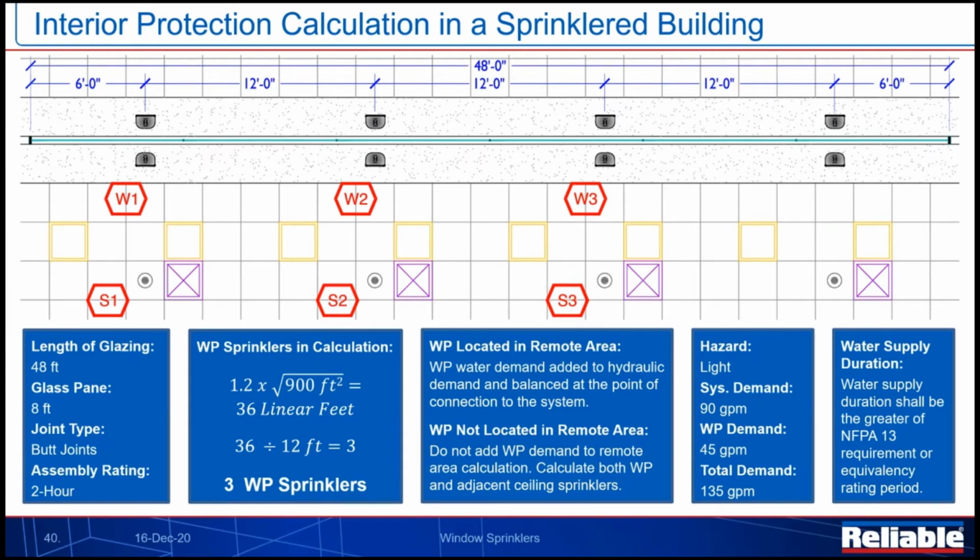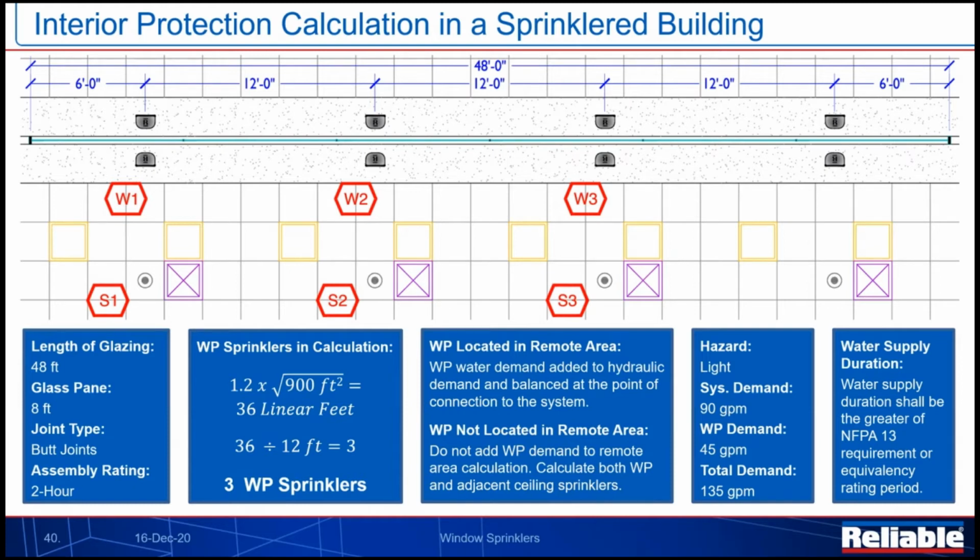So it's a big difference from light hazard, from 30-minute supply to now needing to go for 2 hours. So if we're concerned about the duration of our water supply, then we need to be aware of these things with our hydraulic calculations and make sure that they can last for the whole period of the duration required of the window assembly. So those are just some really high-level hydraulics.